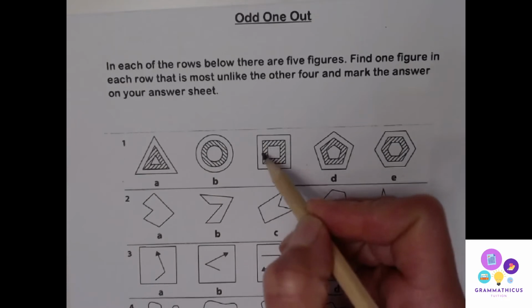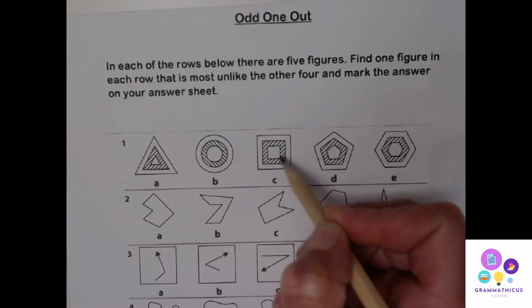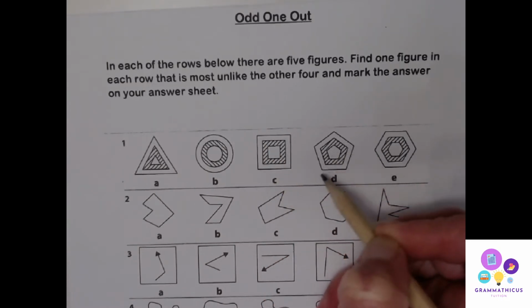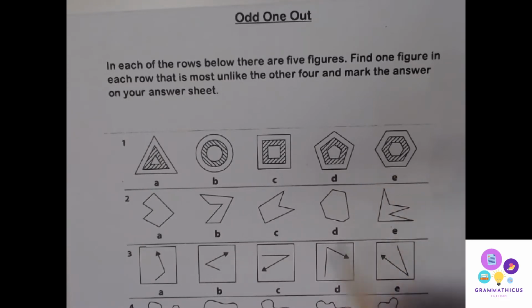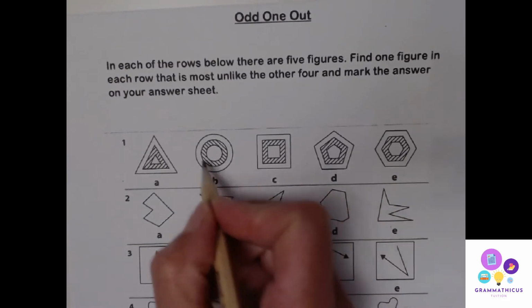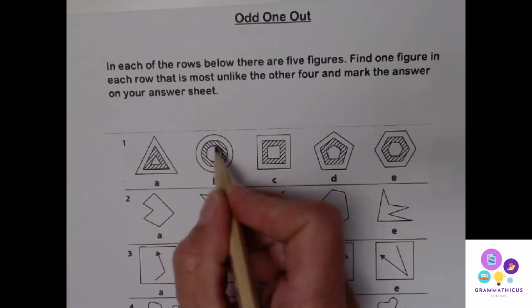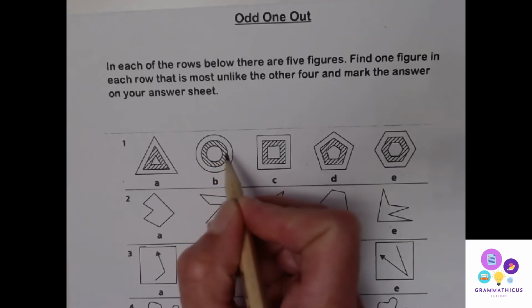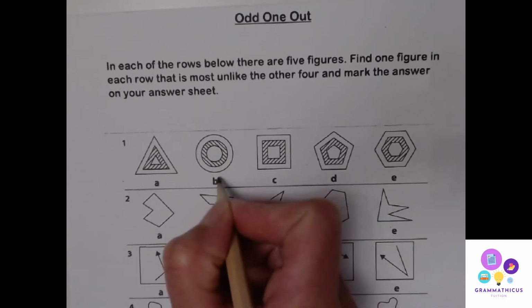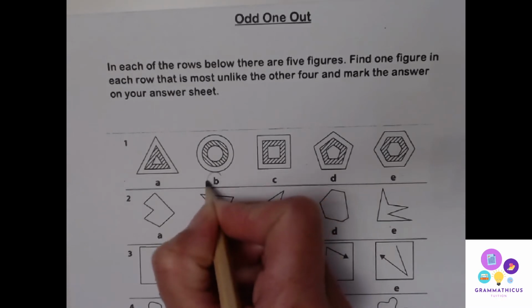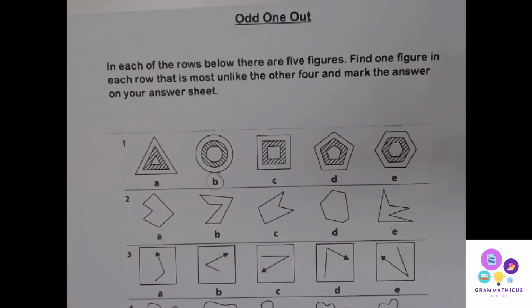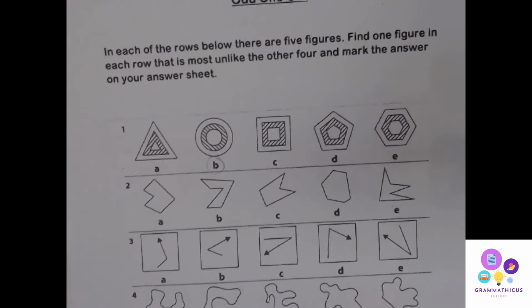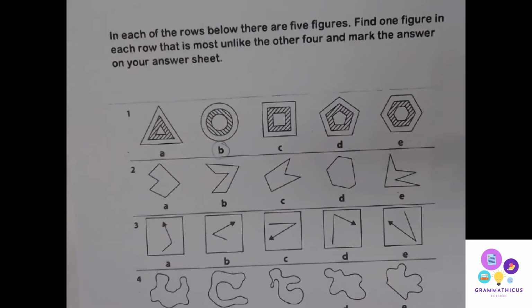It's different to when I'm doing that on A, C, D and E. And that tells me that B is going to be the odd one out, because in B I have the dashed lines going in a different direction. So I'm going to mark B there, and then I'm also going to make sure that I mark B on my answer sheet.